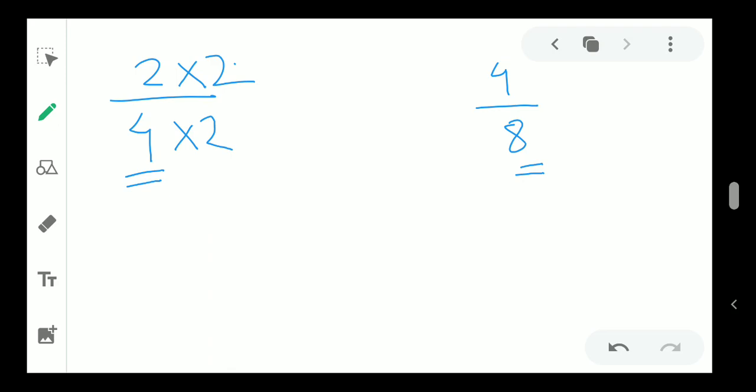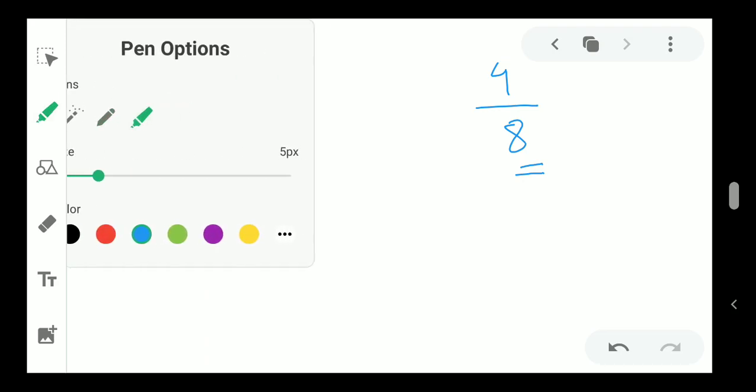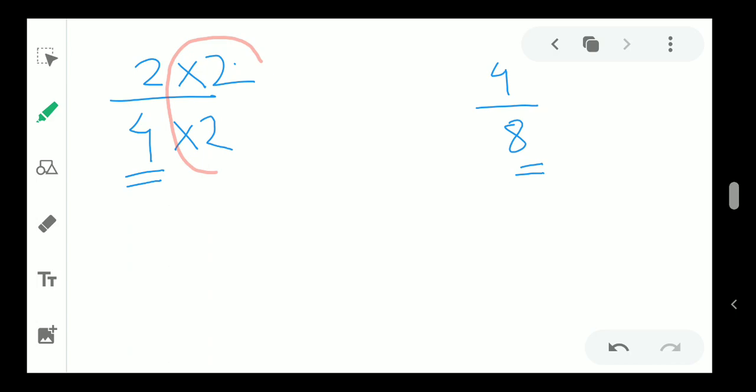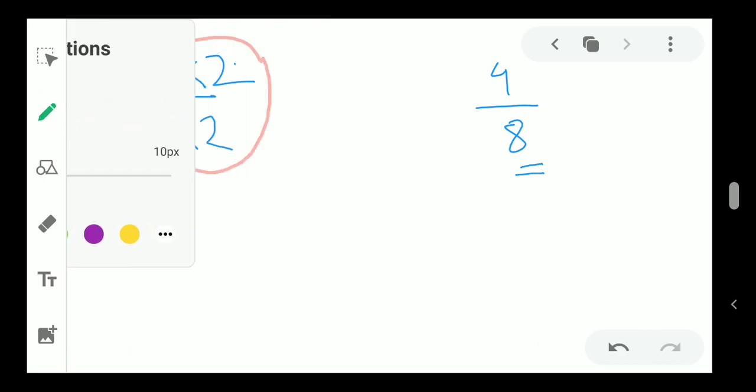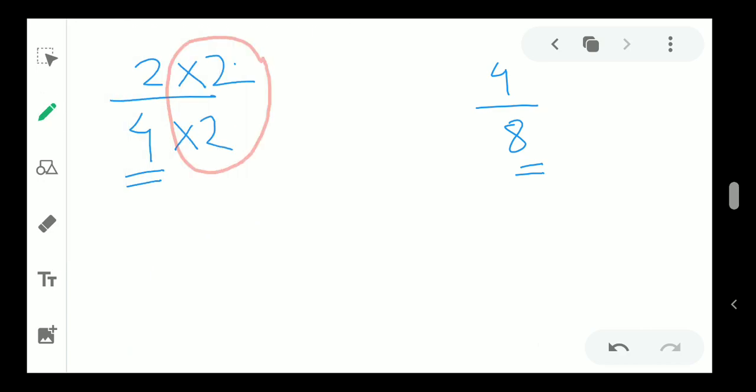We will talk again about why we multiply the same thing up and down; we will learn this later. For now just know this much: whenever we multiply or divide anything down, we have to do the same thing upside to keep the fraction the same, otherwise the fraction will change.